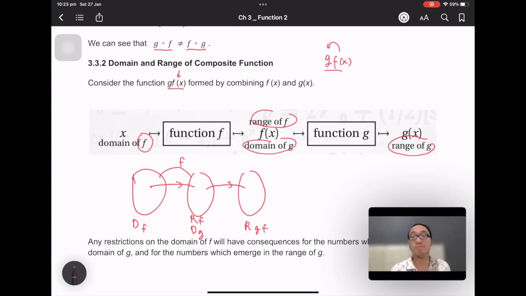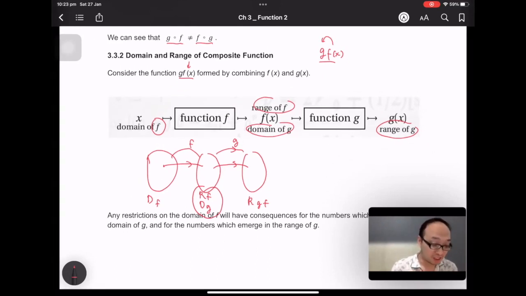Yeah, this is very crucial, especially in the middle part, because you have to consider this is function G. You have to consider that the range of F will be suitable with the domain of G. So we have to select the domain so that we make sure it can be continued until the end.